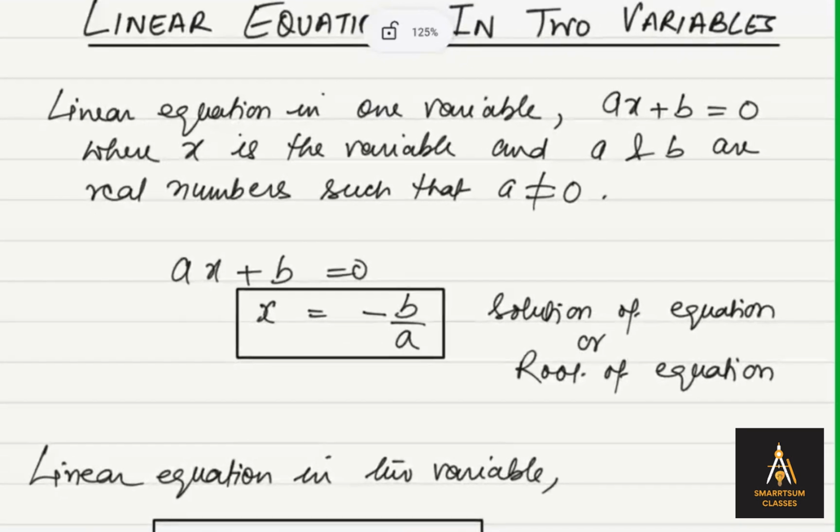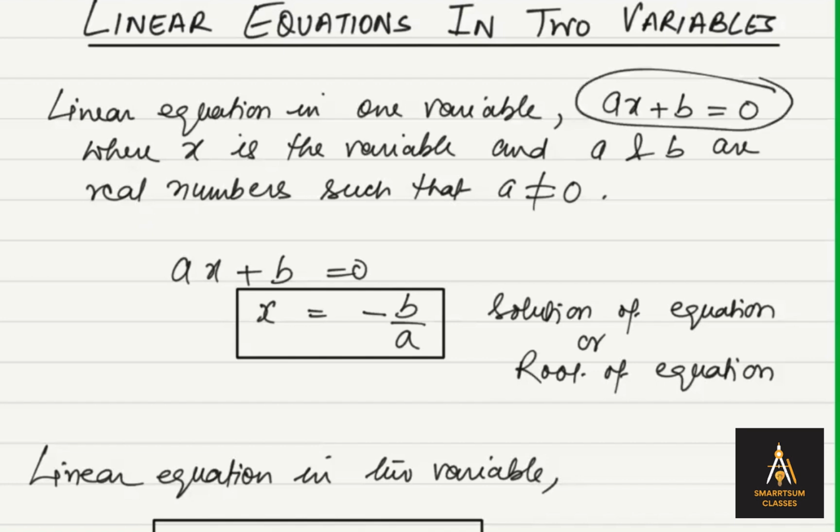So in earlier classes, we have already done linear equation in one variable. One variable was x. And what was the form of that linear equation in one variable? It is of the form ax plus b is equal to 0.